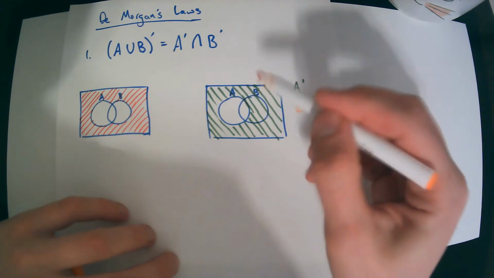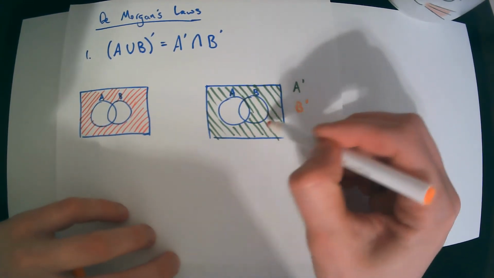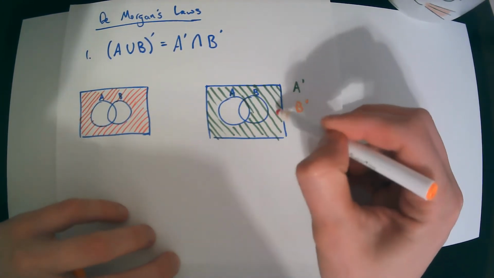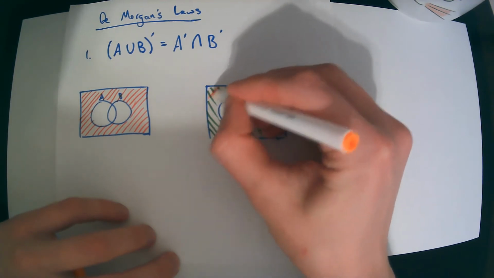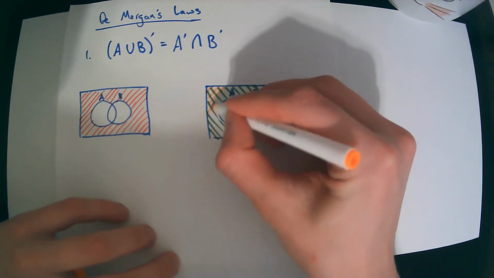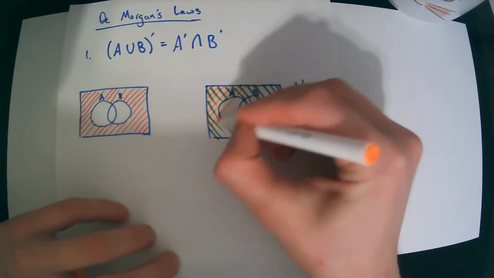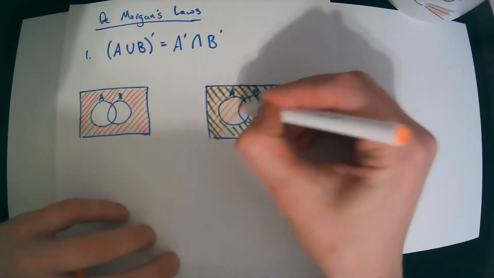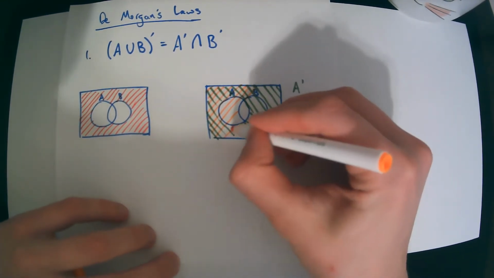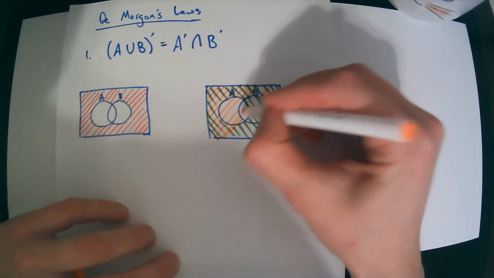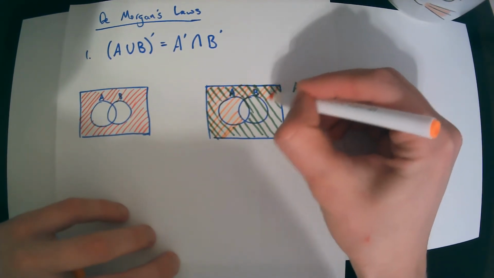B complement is everything in this rectangle, I keep calling it a square, it's a rectangle, except for the B circle.